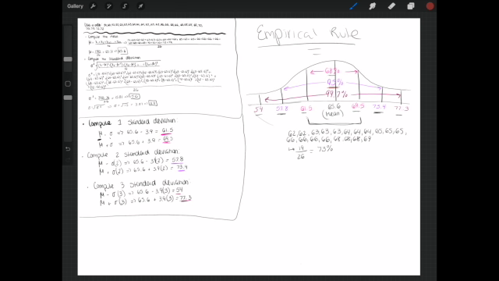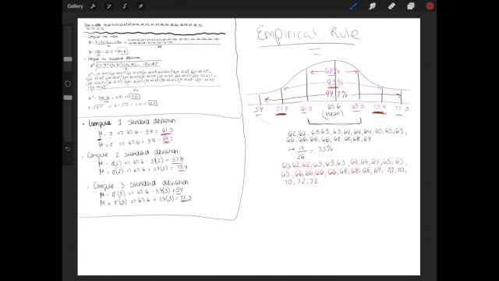So 95% is from 57.8 to 73.5, and those numbers would be from 57, that would be 60, 62, 62, 63, 63, 63, 64, 64, 64, 65, 65, 65, 66, 66, 66, 66, 68, 68, 68, 69, 70, 70, 70, 72, and 72.